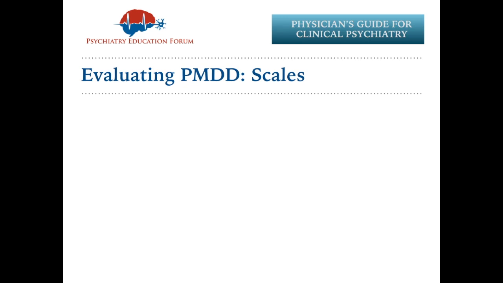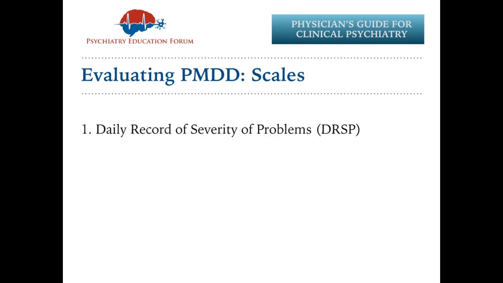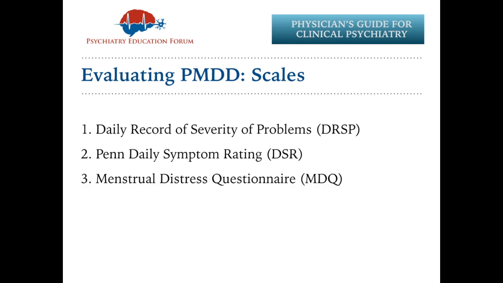And there are many scales. The first one is DRSP, Daily Record of Severity of Problems. Second is DSR, which is Penn Daily Symptom Rating. Third is MDQ, which is Menstrual Distress Questionnaire.